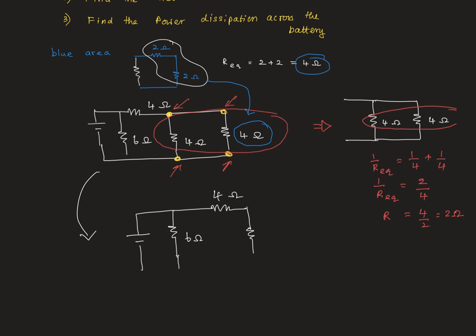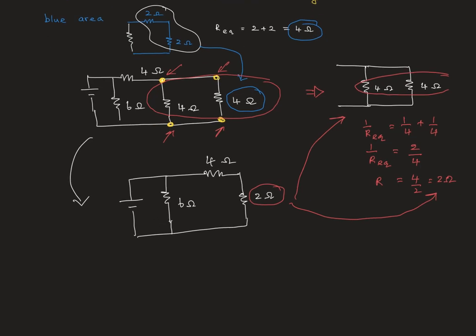I'm going to mark it in red. Give me a minute to mark it in red, and that is the 2 ohm coming from there. Now you can see that the circuit has been reduced so much.